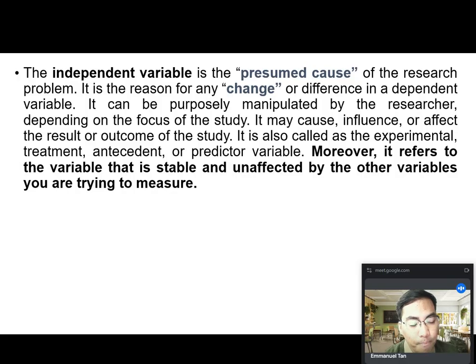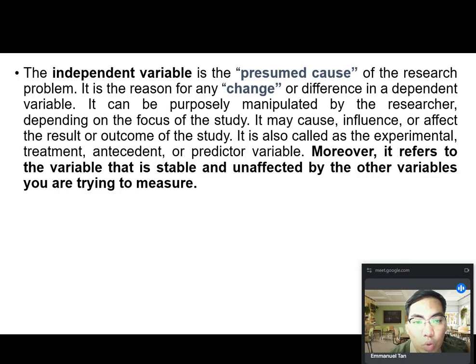As you can see, from the previous presentation, nakita ninyo yung hours of study, yung tagal ng pag-aaral, at yung magiging score naman niya. So from that, makita natin yung independent variable, which is the hours spent studying by the student, and the possible high score that the student would get, di ba?